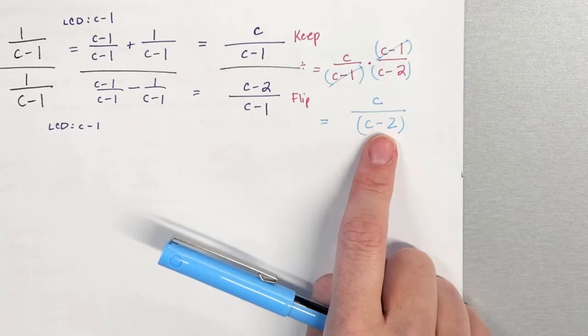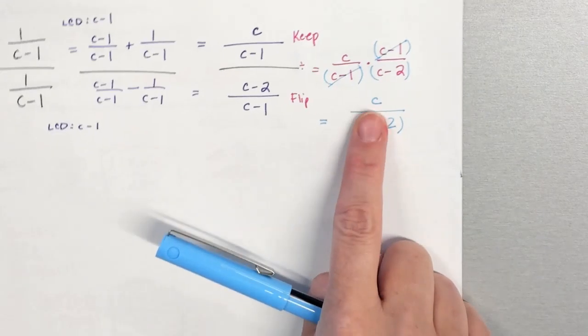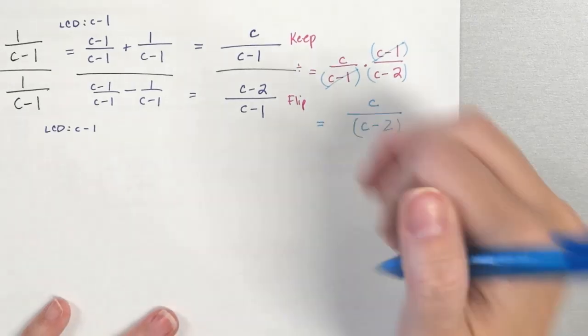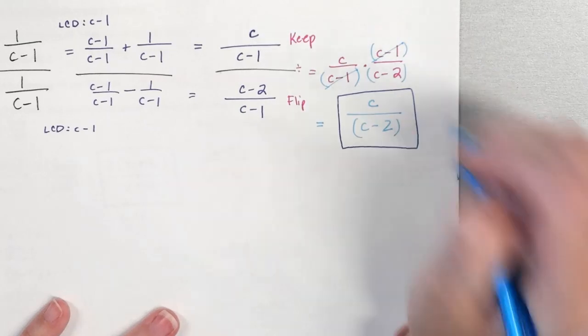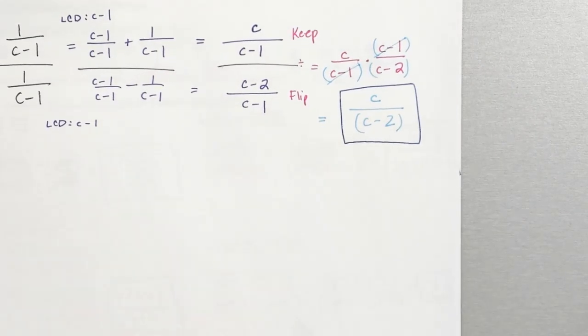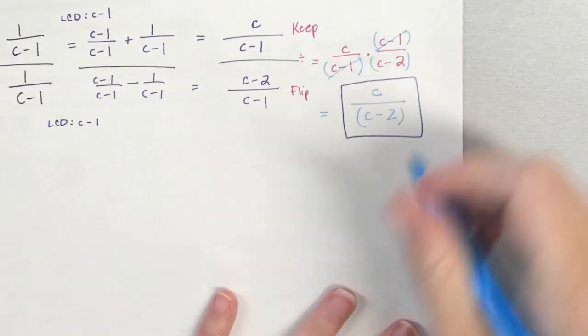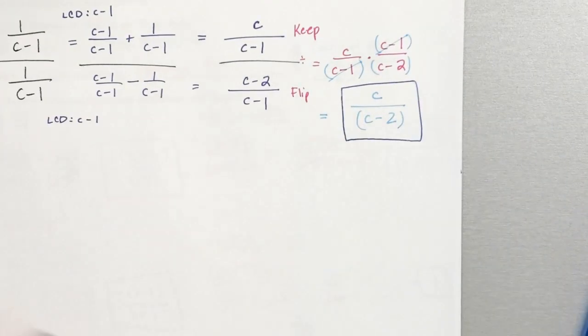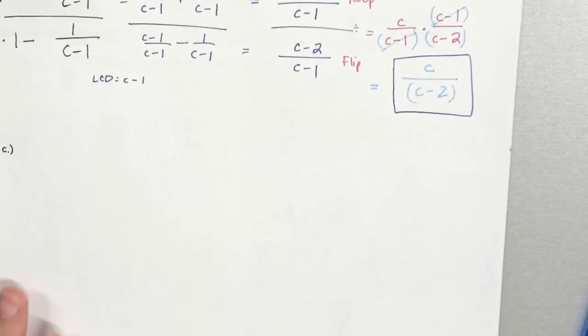You don't have to write it. So you can't divide C by C minus 2. That's not divisible. So this is going to be your final answer here. You could just leave it as C over C minus 2. I just want you to know that you can't just cancel out those C's and make it negative 1/2.